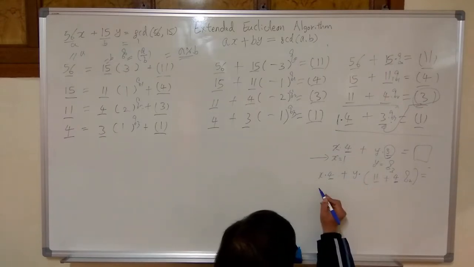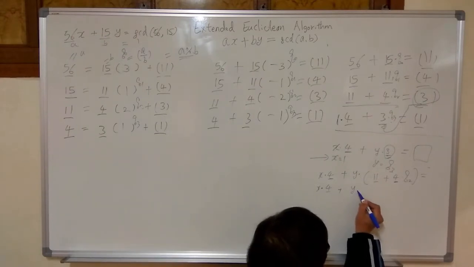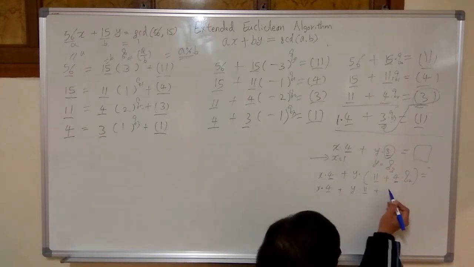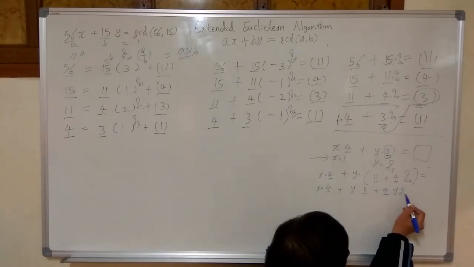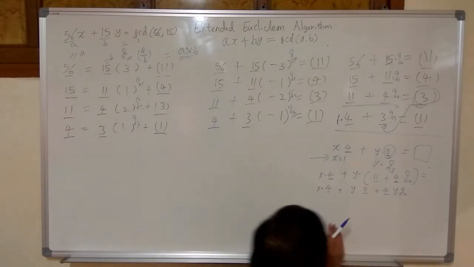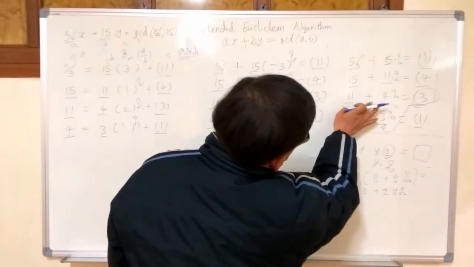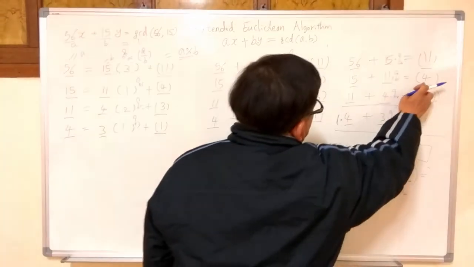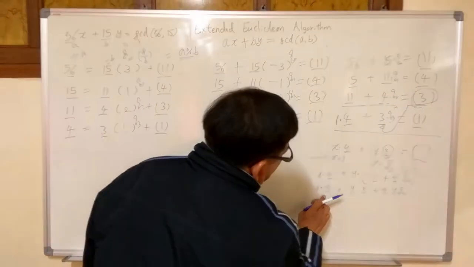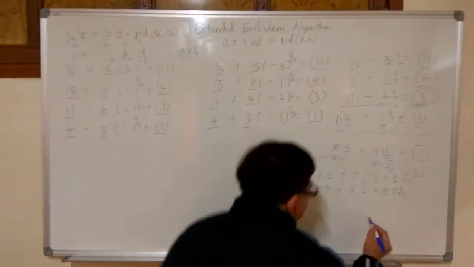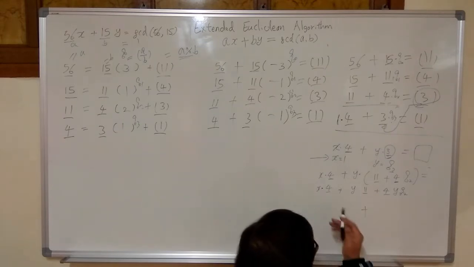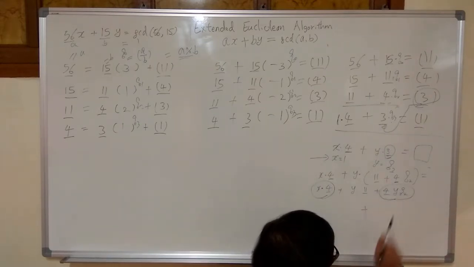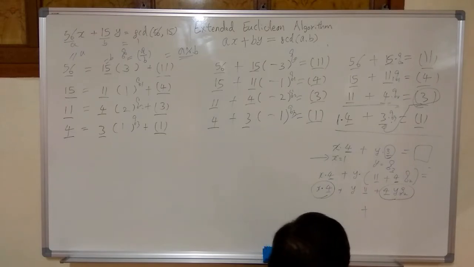I will expand it: X bar plus Y 11 bar plus 4 bar Y Q2. Now compare this equation with the next one. So we will put 4 bar here, and 4 bar should come on the right hand side. So with plus, I will collect only the 4 bar part.